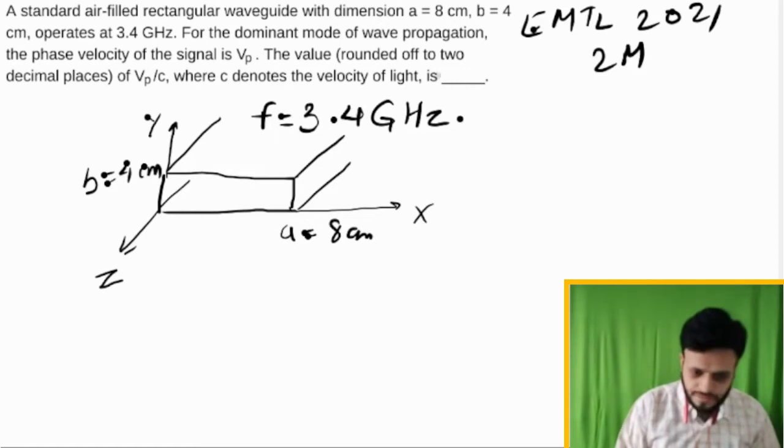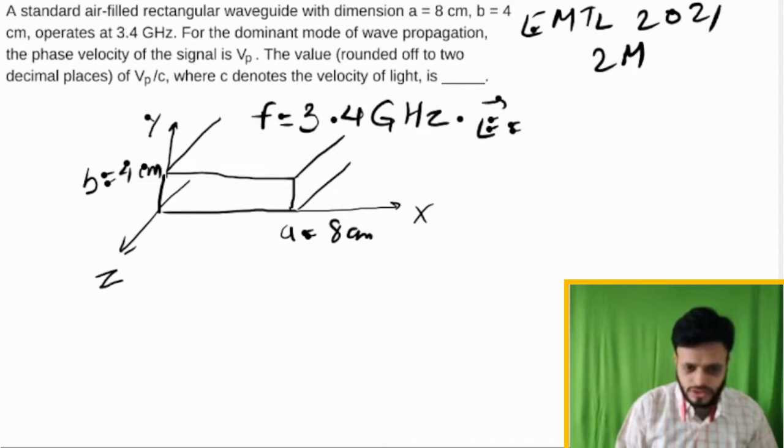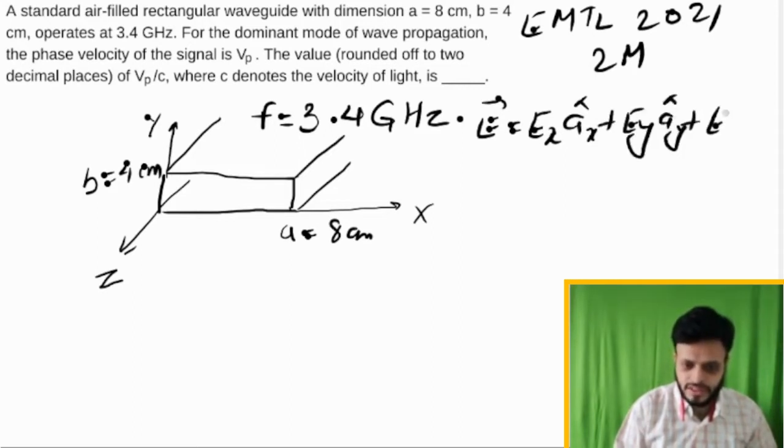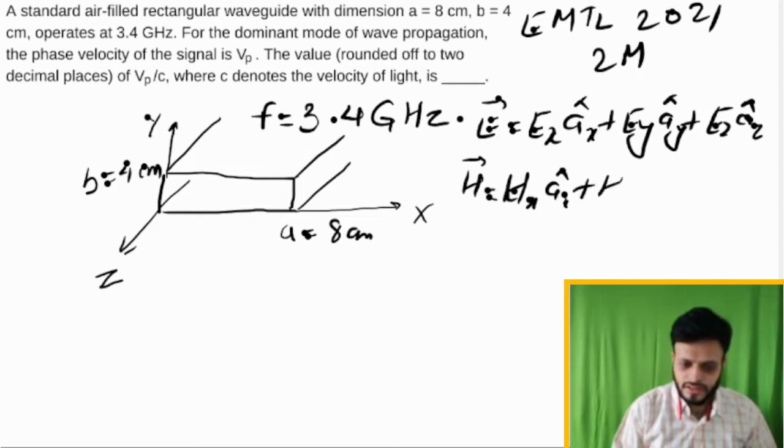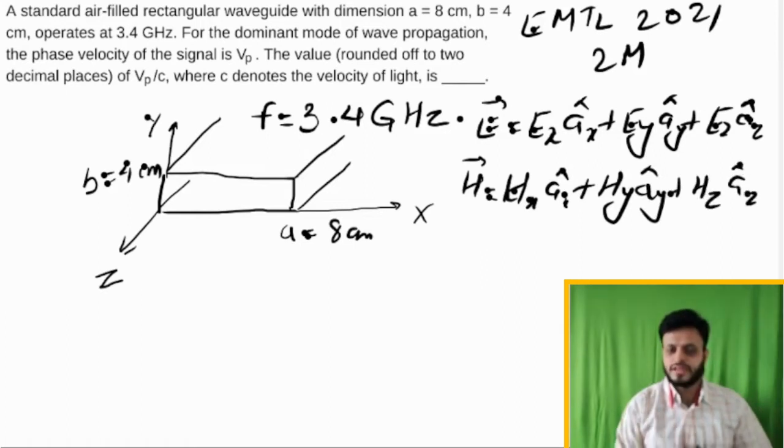The general solution is given by the E vector equals Ex Ax cap plus Ey Ay cap plus Ez Az cap, and the magnetic field vector is given by Hx Ax cap plus Hy Ay cap plus Hz Az cap.